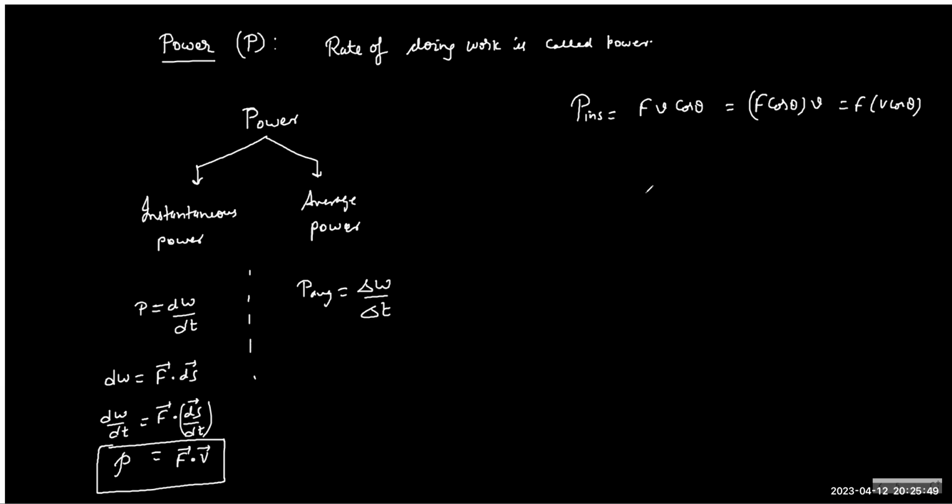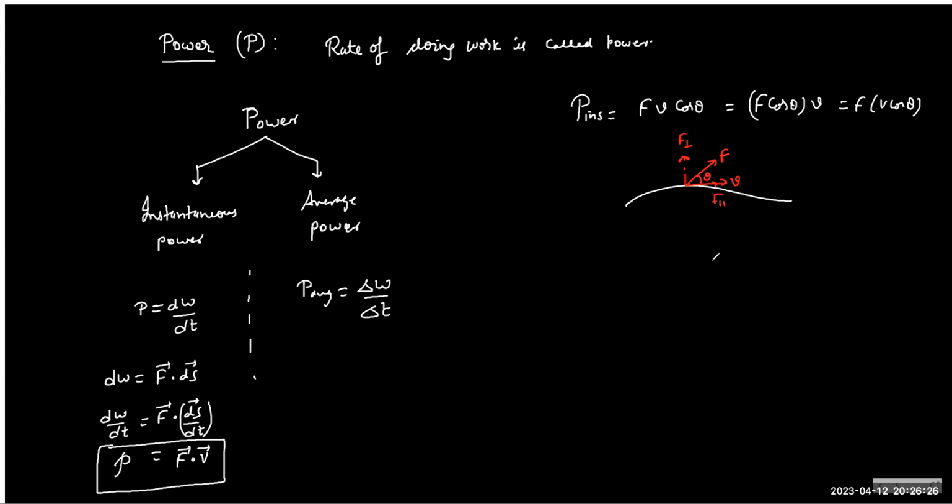If we know the direction of velocity, say this is the direction of velocity and this is the acting force at some instant, the component of force which can generate power is the cos component. The sine will do nothing. If a component is perpendicular to the velocity, it will not deliver power. Only the parallel component can deliver the power.